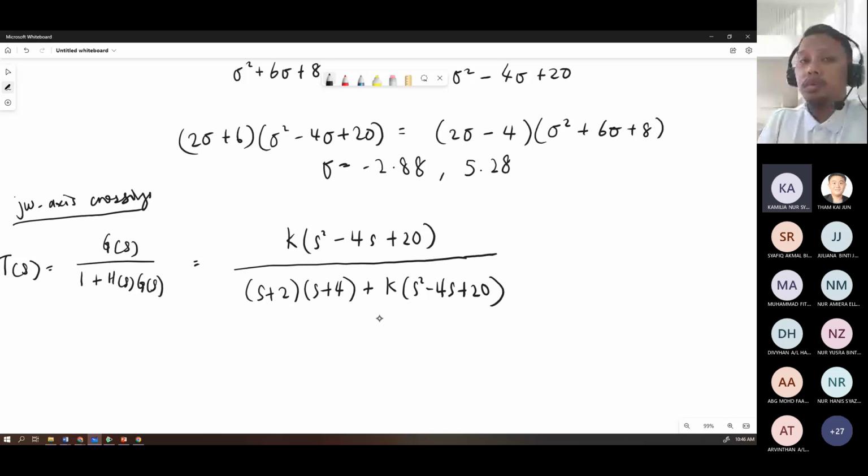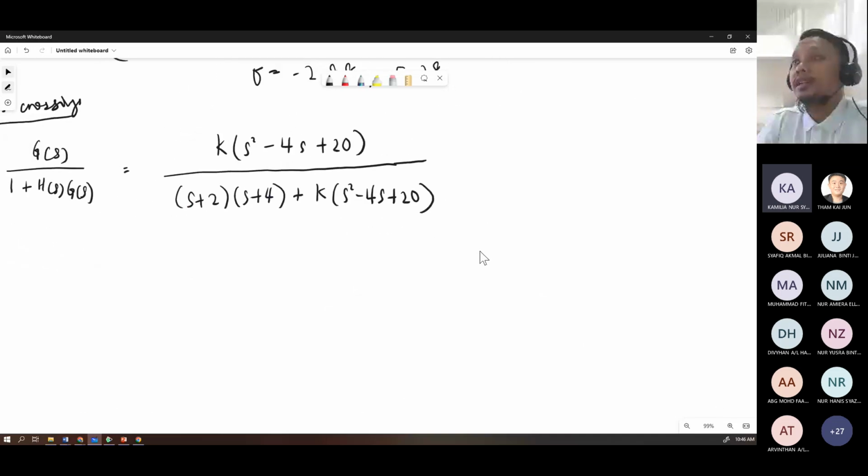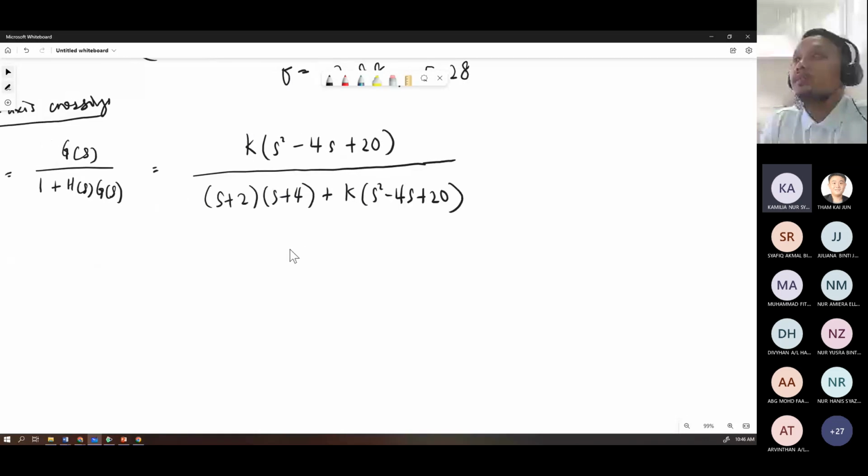Okay, so if you don't know how to get this final closed loop transfer function, please calculate it slowly, okay? Saya kira ni sebab saya dah tahu macam mana nak kira. Jangan tanya macam mana dapat. Saya kira pakai otak.